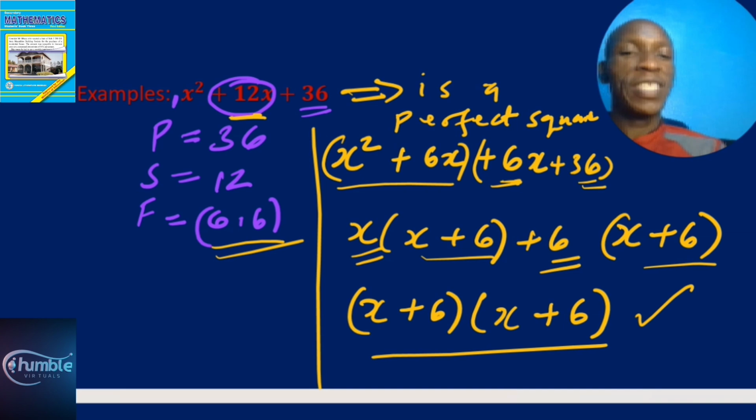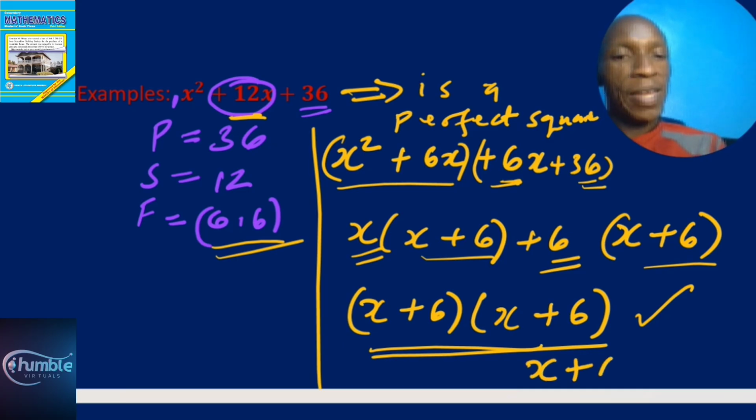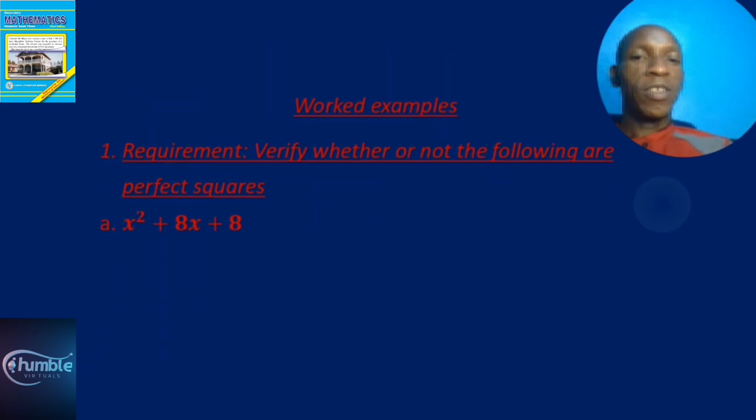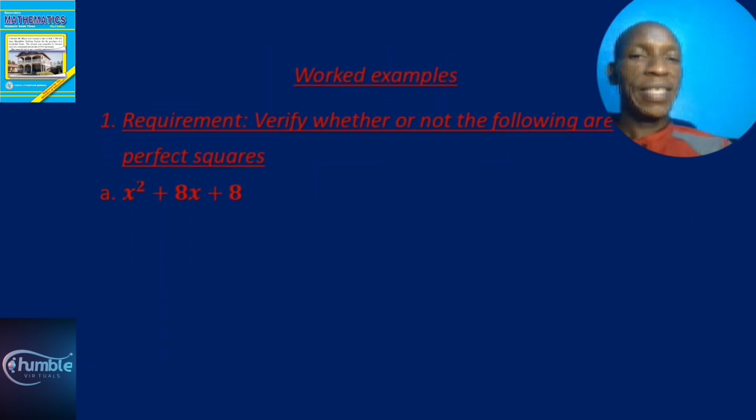If you try to factorize it, you end up with values in brackets which are identical, like in this case x plus 6 into x plus 6. And we say that this can still be written as x plus 6 raised to power 2. This is a perfect square. Let us do more examples for better understanding.